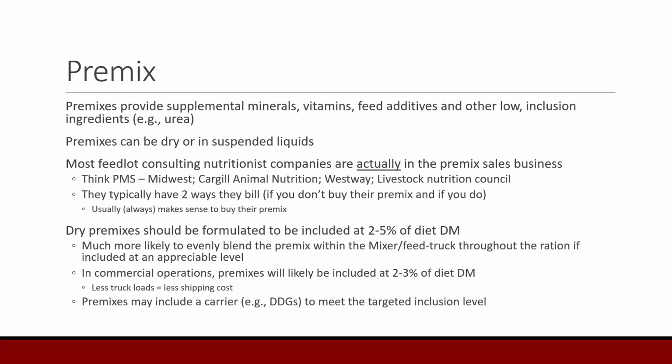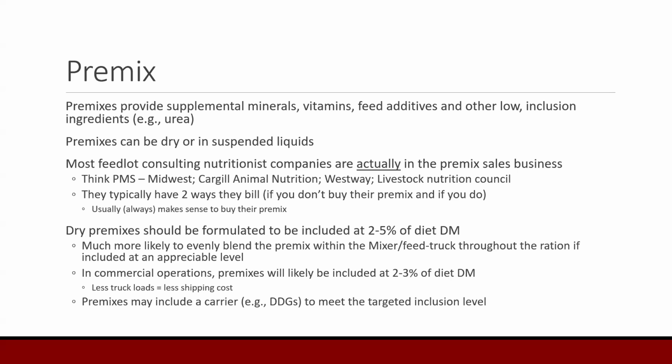We would add about 2% of something like DDG, soybean hulls, or wheat midds, some other ingredient that we don't necessarily care brings nutritive value. We just want to create bulk in that mineral so that we can have our target inclusion level, so that we can feel more comfortable that it's going to be evenly mixed and distributed through the feed. Does anybody remember talking about that in Feeds and Feeding?